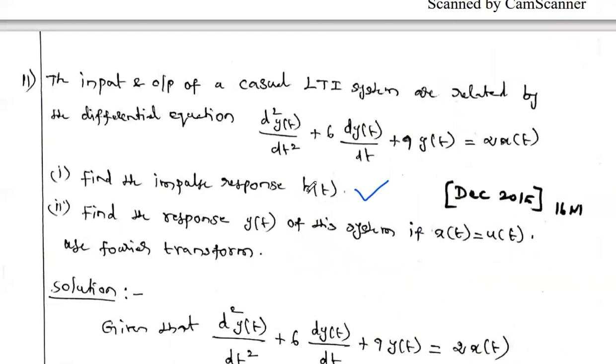The impulse response means the output of the given system when the input x of t is del of t. Another way is, after taking the Fourier transform, we find h of j omega and take the inverse Fourier transform of h of j omega, and we get h of t. Then for the second question, we derived the output y of t for the input x of t equal to u of t. So we got the answers.